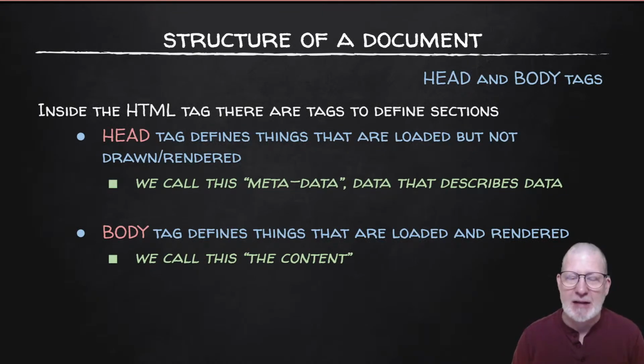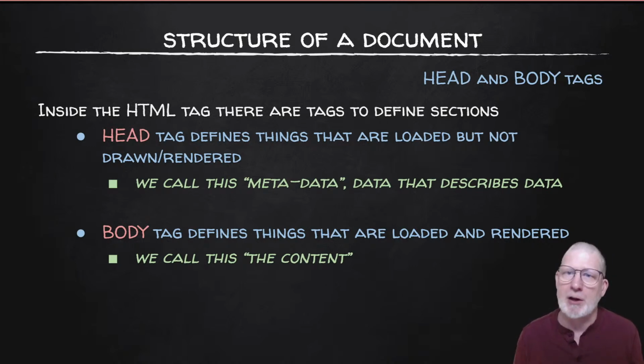Inside the HTML tag, there's a head tag and a body tag. The head tag is there for us to be able to convey information to the browser, but not stuff that's drawn on the screen. Usually that's in the form of some special tags that say, hey, this is a mobile device, or here's the way to interpret this particular thing, or here are some styles to load, or here are some fonts to load from somewhere else.